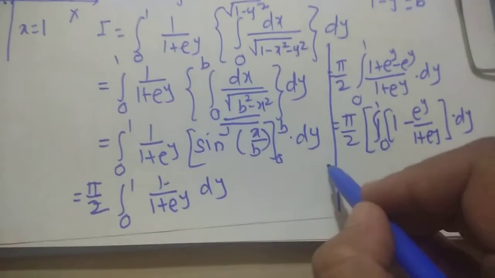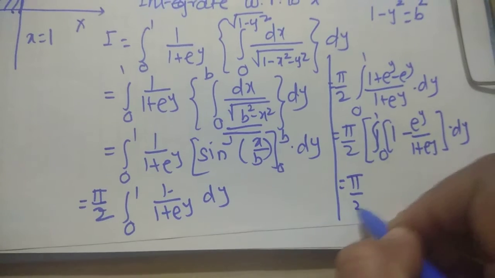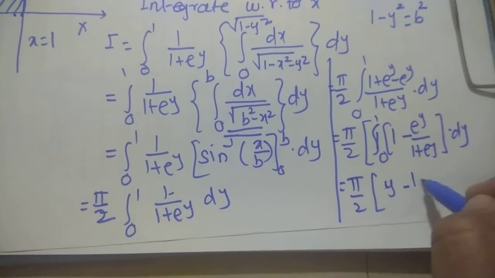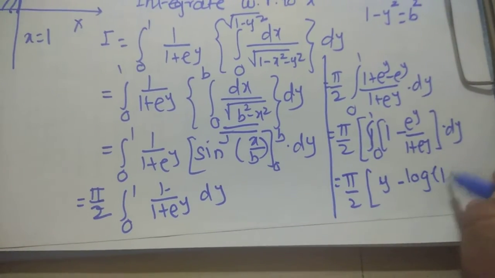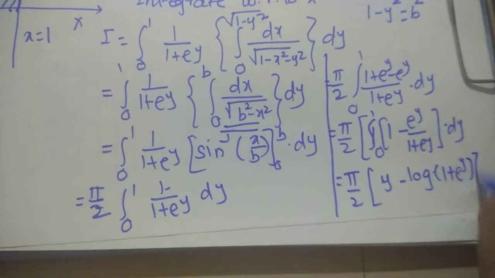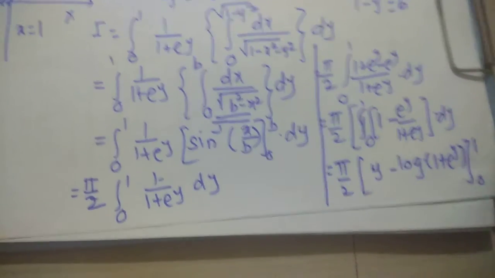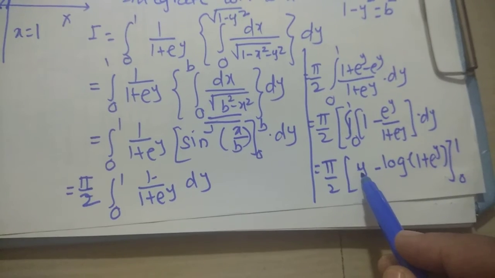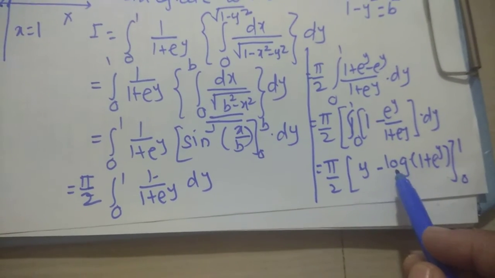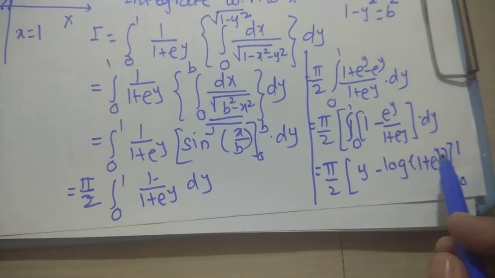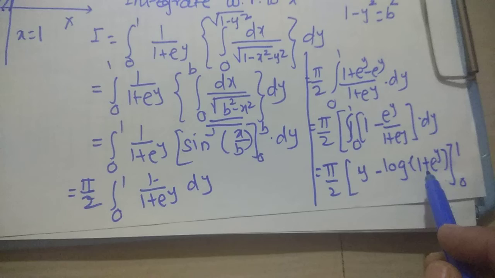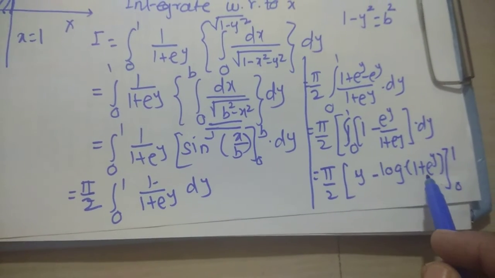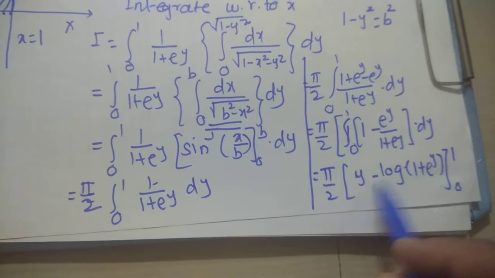The integration of 1 is y, minus the integration of the second term, which is log of 1 plus e raised to y, from 0 to 1. Putting the upper limit, 1 minus log of 1 plus e, and the lower limit, 0 minus log of 1 plus e raised to 0, which is log 2.